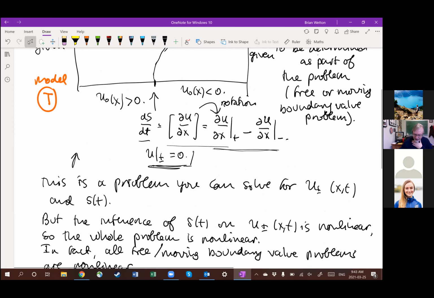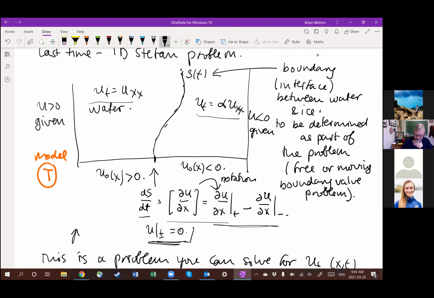So we can go back up here. We can set U identically equal to 0 with initial conditions and give U equal to 0 as the boundary condition. And then no matter what S of t does, I'm solving the heat equation with 0 conditions all around.